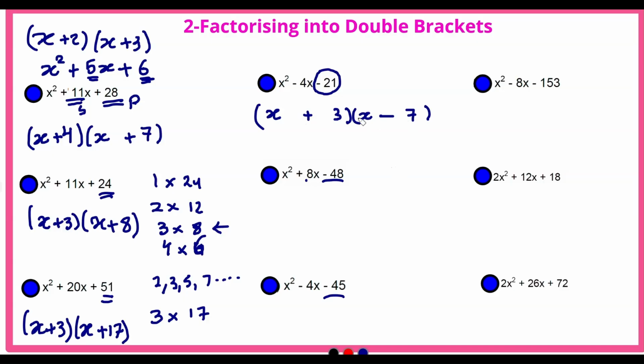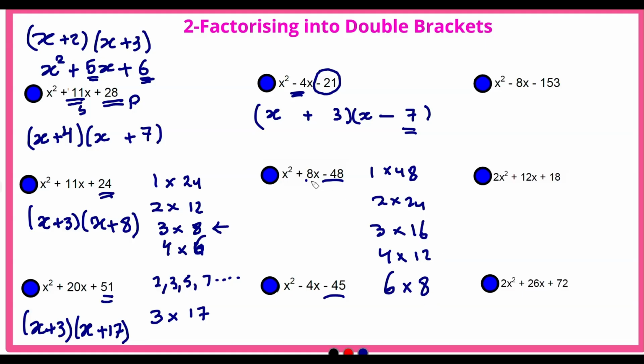How do I decide the signs? The largest always takes the sign of the middle. What about this one? Two numbers multiplied, and we get minus 48. The difference between them is 8. 48 is actually a complex number, so it's 1 times 48, 2 times 24, 3 times 16, 4 times 12, and 6 times 8.